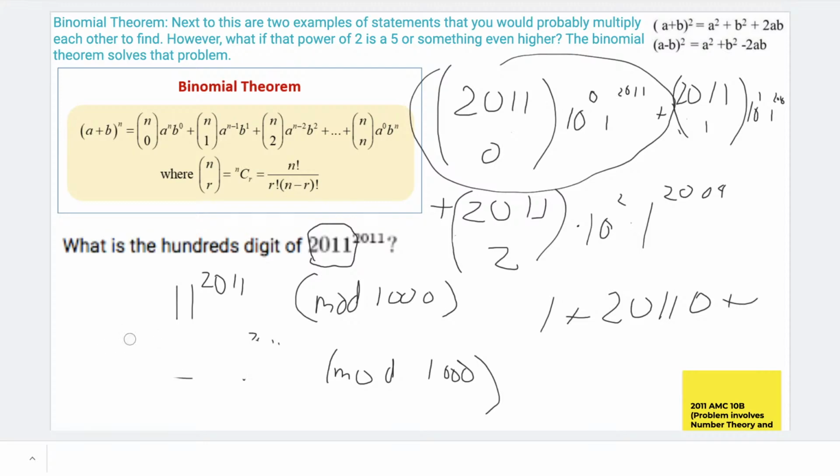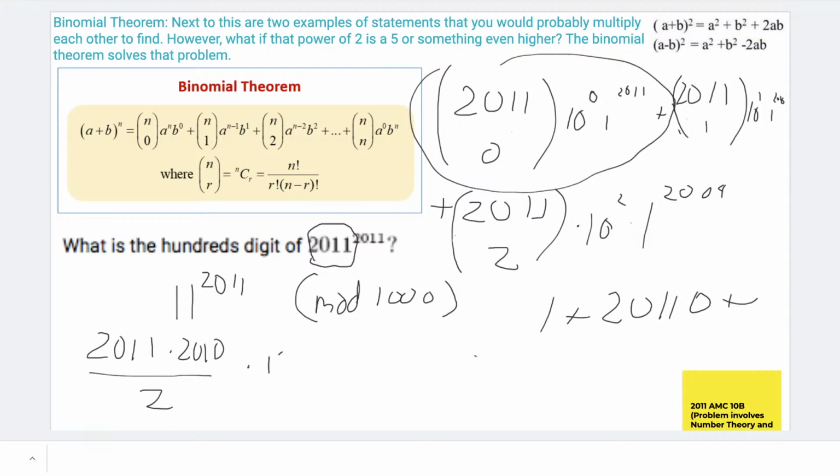So I'll make some space for this. Since it's in mod 1000, we can convert it later. So 2011 times 2010 divided by 2 is the same thing as this choose 2 expression times 10 squared. Notice that we're calculating in mod 1000, so we can rewrite this as 11 times 10. So what we're finding is 11 times 10 divided by 2, which is clearly just 55. 55 times 10 squared is 5,500.